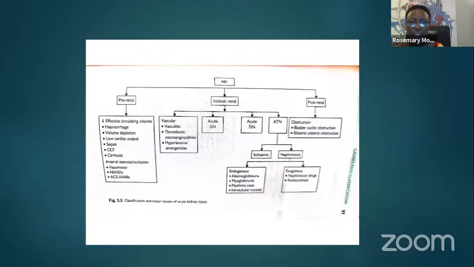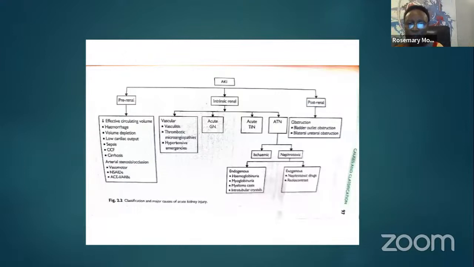And then coming to your intrinsic renal disease, they are divided into different components. You've got your vascular causes where you can get your vasculitis, your thrombotic microangiopathies and hypertensive emergencies. And then you get your glomerulonephritis, acute GN, your acute tubulointerstitial nephropathy, and then you've got your ATN as well, and then you divide it into ischemic and nephrotoxic.